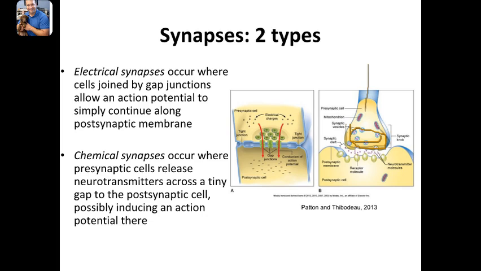We've got some calcium channels, and we've got neurotransmitters that are just hanging out here. And neurotransmitters, as we will discuss, are chemical messengers. So when the impulse gets down here, there's a chain reaction that occurs chemically, and the neurotransmitters are squirted into what's called the synaptic cleft.